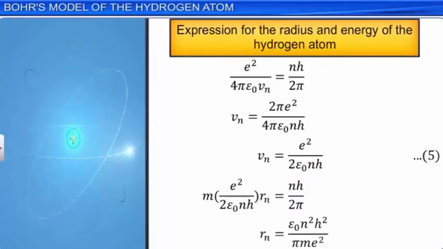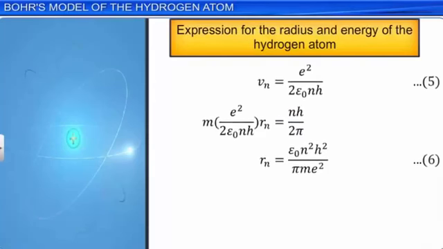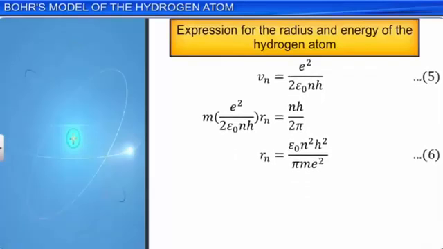By substituting n equal to 1 in the above equation, we get the radius of the innermost orbit, which is Bohr's orbit and is represented by a₀. Given a₀ is equal to ε₀ h² by π m e².